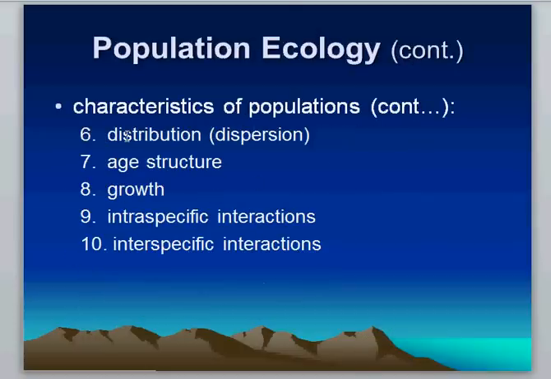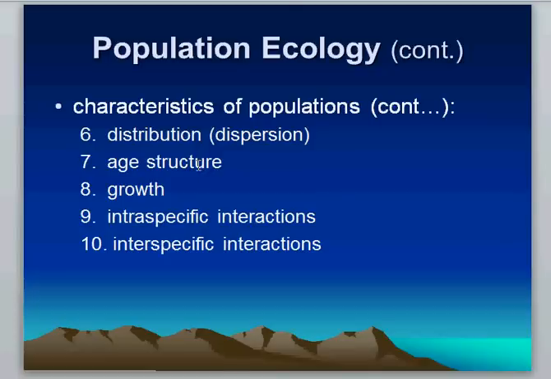distribution or how individuals of that population are distributed within the population area, the age structure within the population. Are there lots of young, or is it biased more towards old individuals?